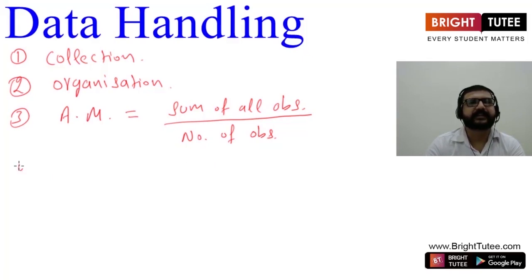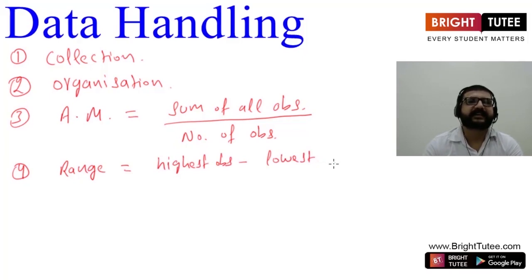And then we studied how to find the range of the data, and range was equal to the highest observation minus the lowest observation. We can say it was the difference between the highest observation and the lowest observation, and we have seen a few examples based on these things. Now in this video we are going to see many more questions based on all these things.